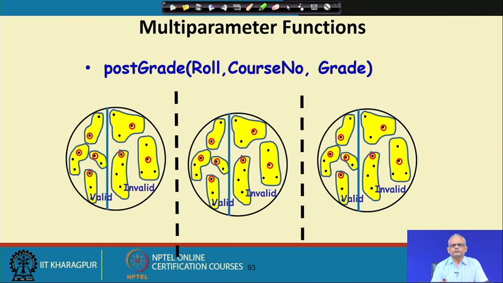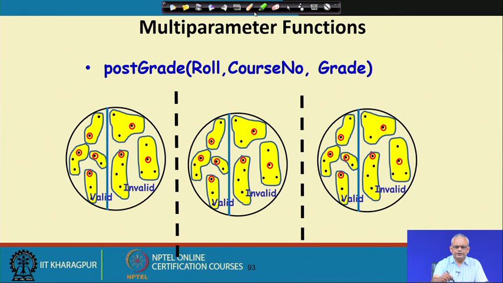So far we have looked at how to identify the equivalence classes when a function takes one parameter. But we can have a function which takes multiple parameters. Now, how do we identify the equivalence classes here? Of course, it is rather straightforward from the discussion that we had so far.